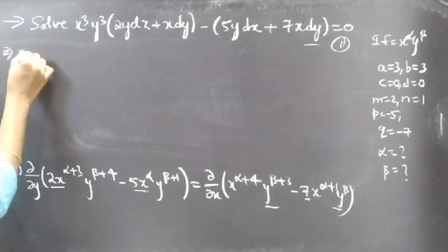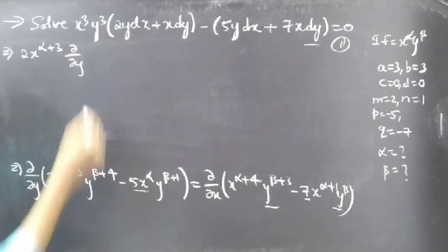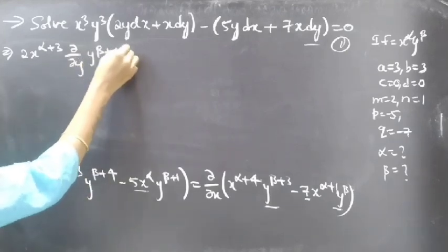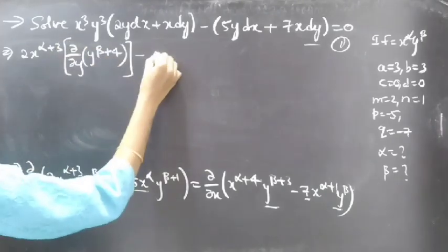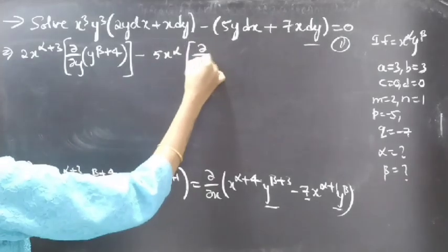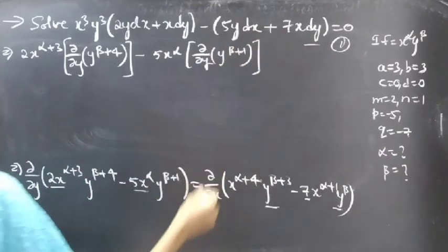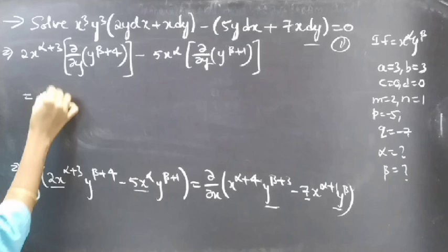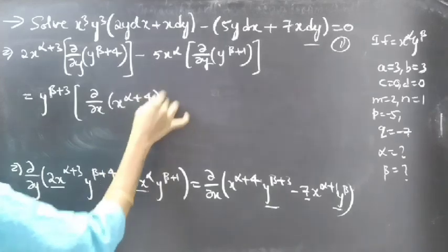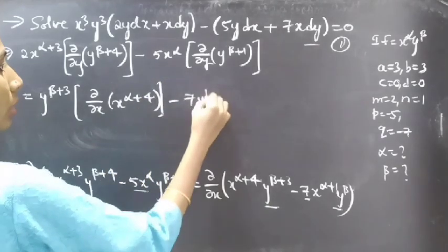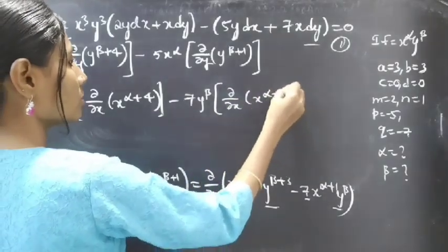Now we'll write this as 2x^(α+3), which is a constant, into the partial derivative of y^(β+4), minus constant 5x^α into the partial derivative of y^(β+1), equal to constant y^(β+3) into the partial derivative of x^(α+4), minus constant 7y^β into the partial derivative of x^(α+1).